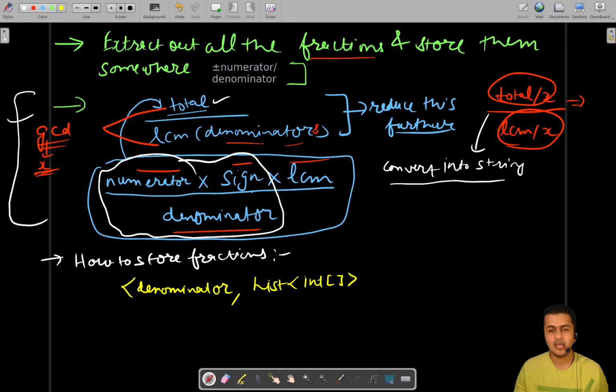The first entry in it will be the numerator. Denominator can be common in some fractions. For example, 1 by 3 and 4 by 3, both of them are having same denominators. These two are same, so that's why I am taking list. And this will be number and the sign of the fraction.